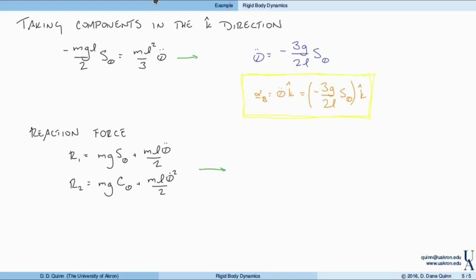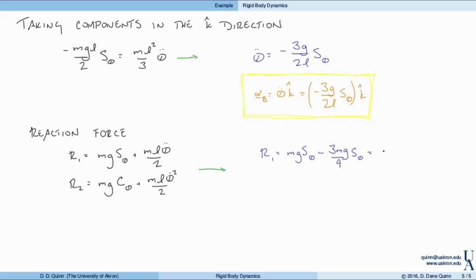So these two may be determined as: R1 equals mg sine of theta, and then here this reduces to minus 3 mg. Notice the L in the denominator cancels out with this L. Minus 3 mg over 4 times sine of theta.